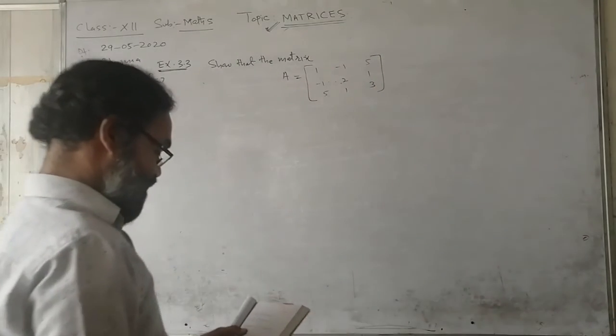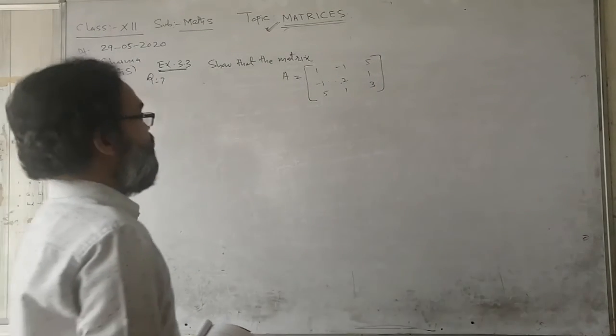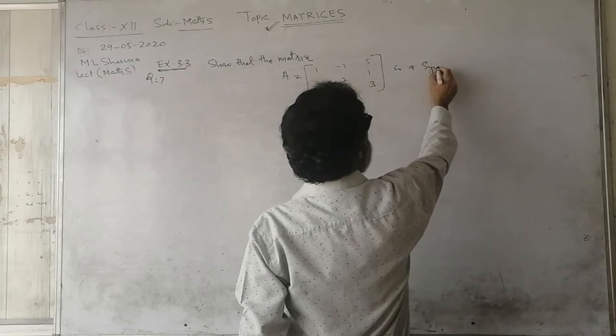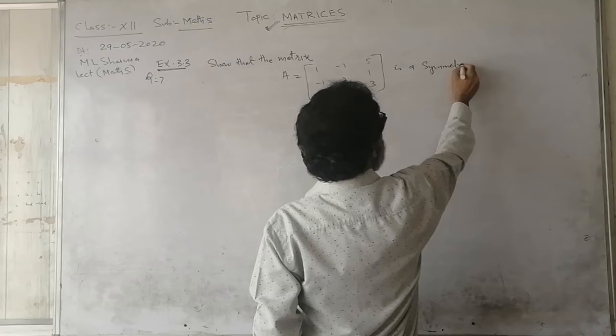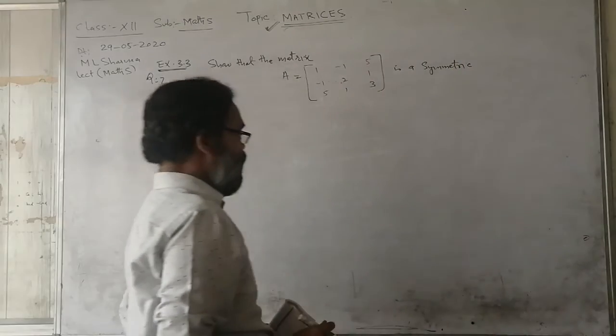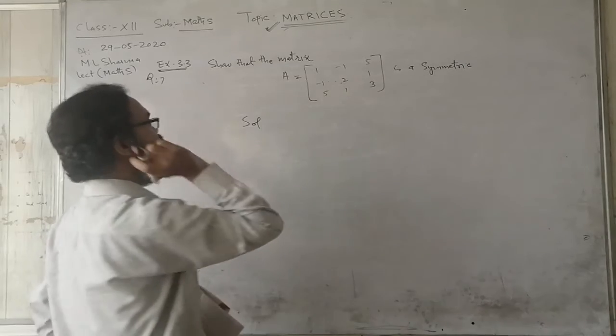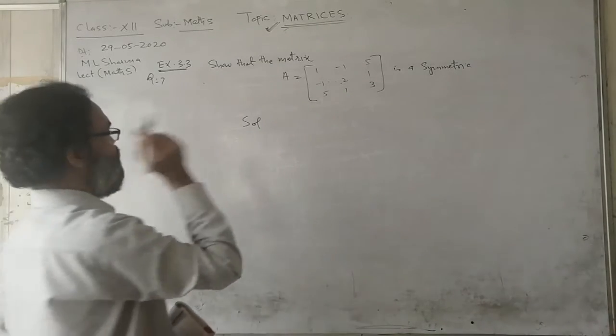This is a matrix 3 by 3. You have to show this is symmetric. Very simple question it is. So we have to show this is a symmetric matrix.